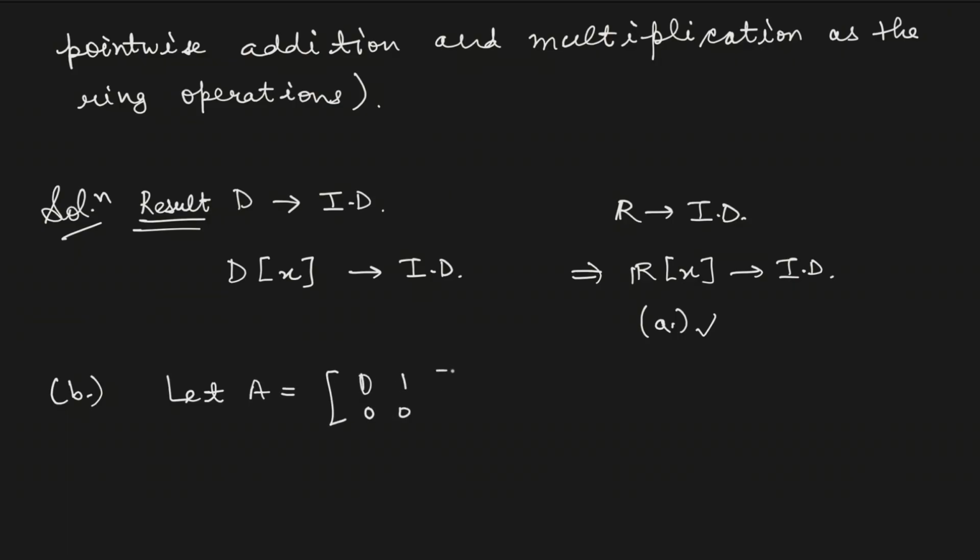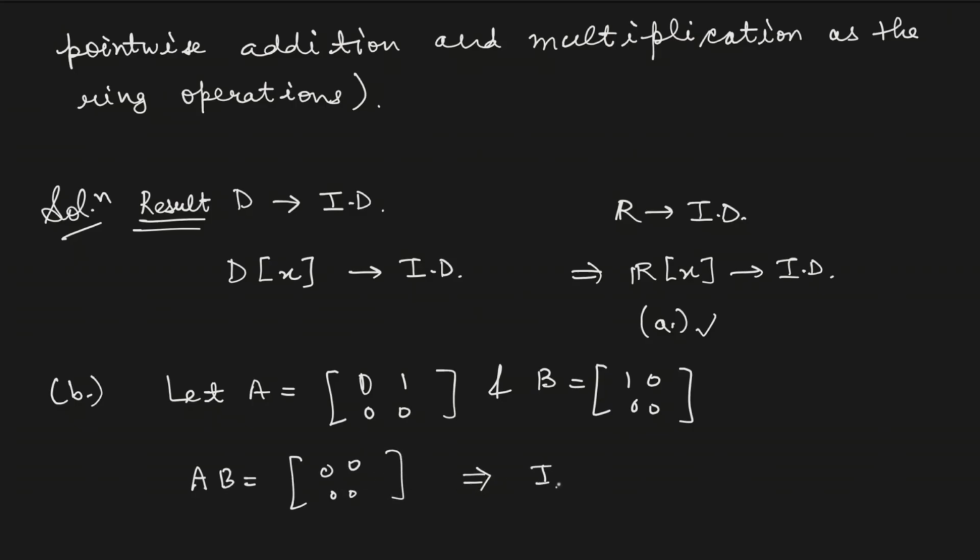Matrix A is 0 1 0 0, matrix B is 1 0 0 0. So AB is equal to 0. This means it has zero divisors. Neither A is 0 nor B is 0. So it has zero divisors, so it is not an integral domain.